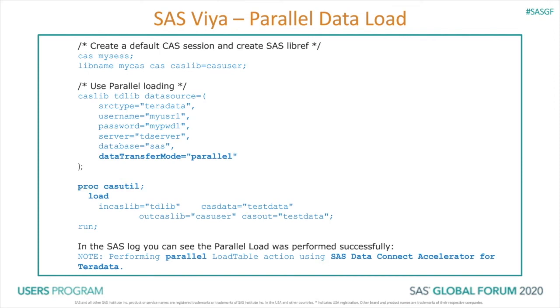You can do the same thing, and you can save data to Teradata as well. So you can do loads and saves. And in the SAS log, you'll be able to see that the Teradata load was performed successfully. You can see it says it performed a parallel load table action, and it used the SAS Data Connect Accelerator for Teradata. So that's how you can know for sure that it did it the most efficient way possible.